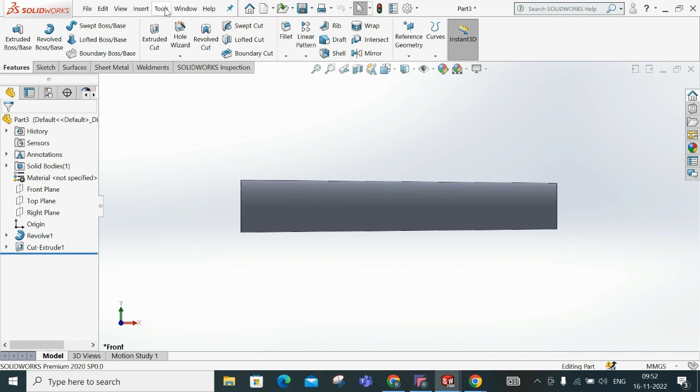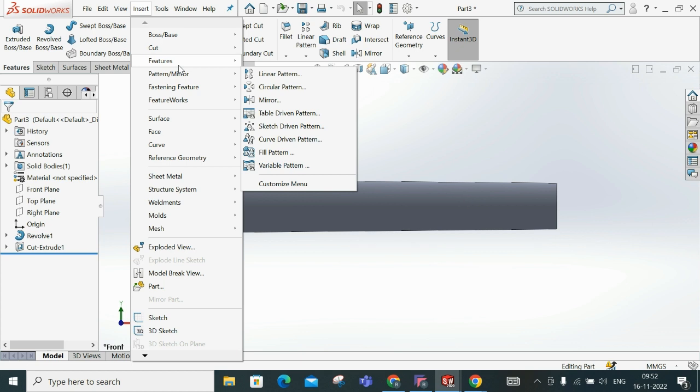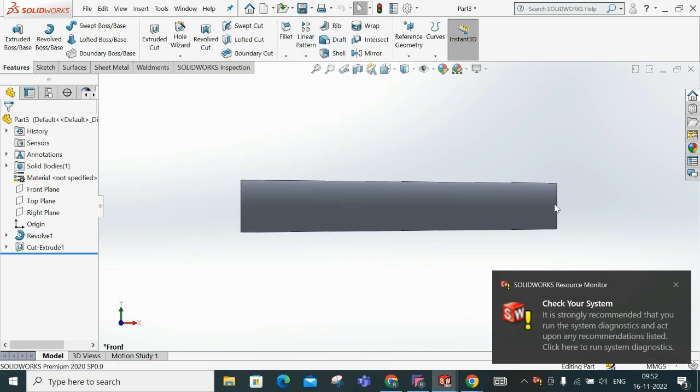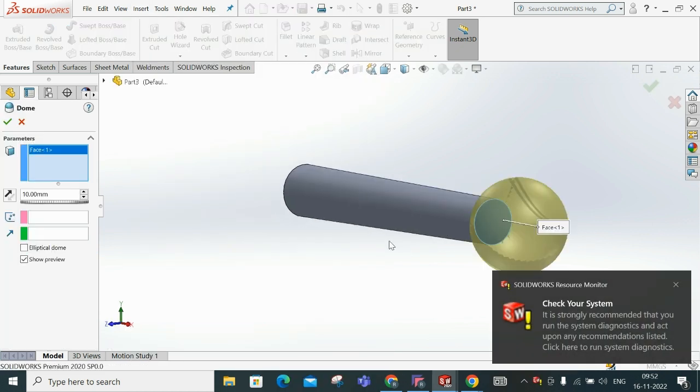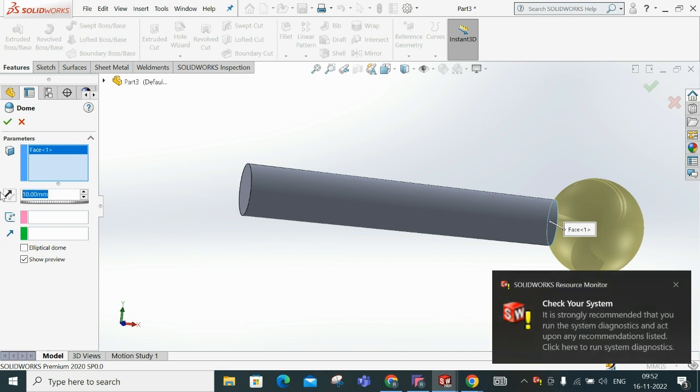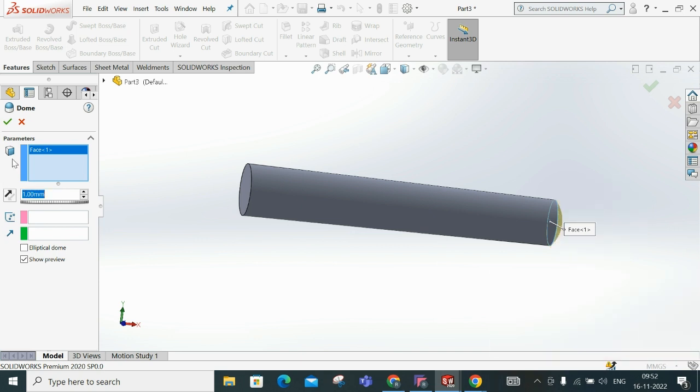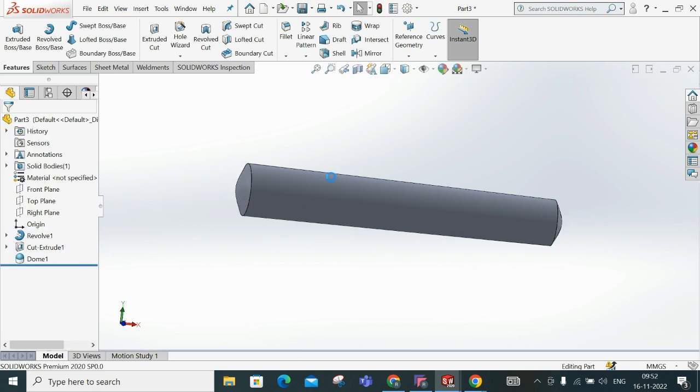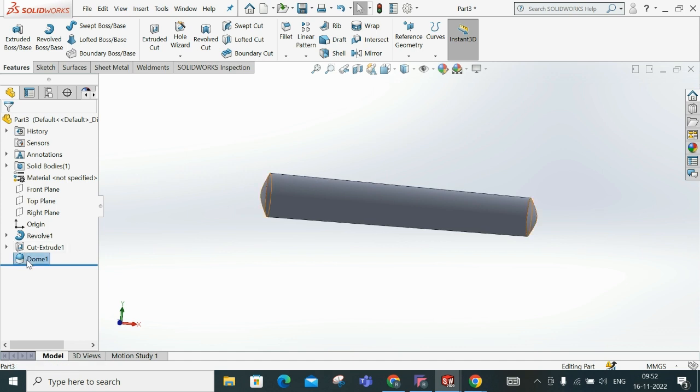And give a dome here. Okay, give a small dome here. This much size is not required.